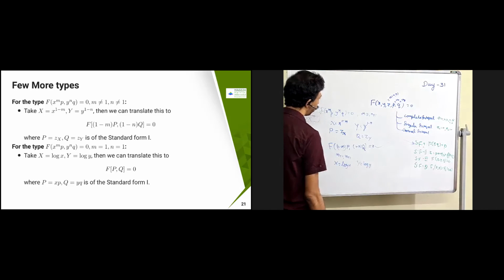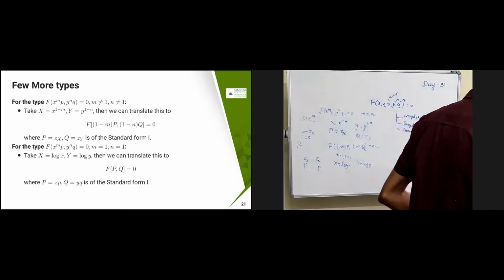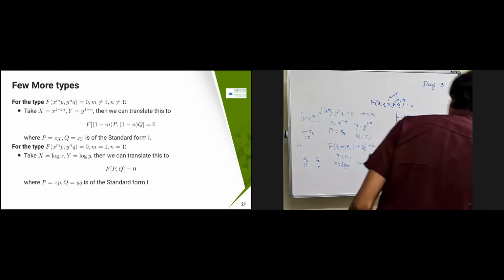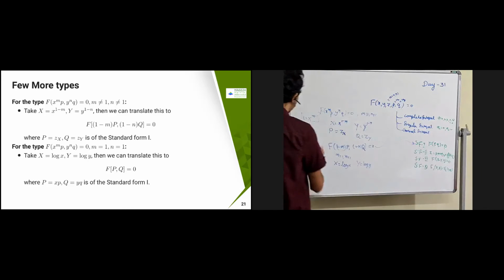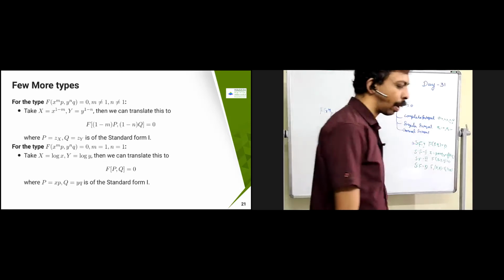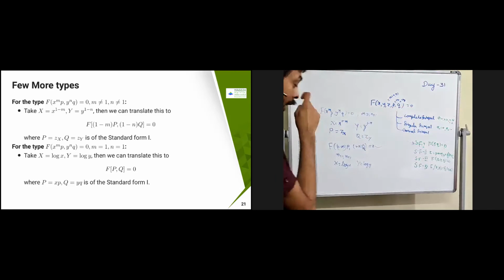Do you remember something similar to that which you have studied in ODE courses? In the ODE course, do you remember how we solve this kind of problem? A similar type of equation is there. You know the Euler equation?